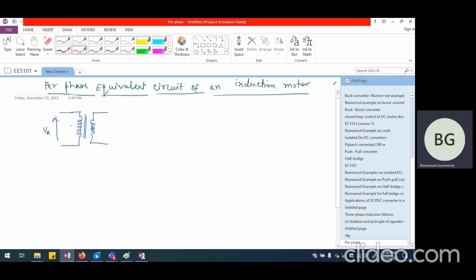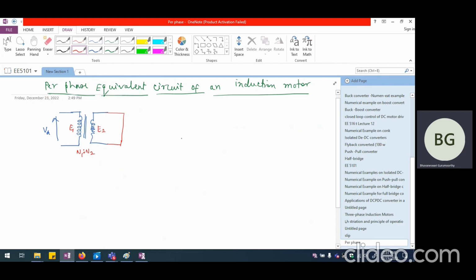So let us say this is E1, then I'm going to have an induced EMF E2 as per the turns ratio, which is N1 is to N2. And let us say my rotor winding is right now stationary. It is not moving at all. Under this condition, because the rotor is short circuited, I should show it as a short circuit somewhat like this. So this is the representation of the induction motor at only one single phase when the rotor is remaining stationary.